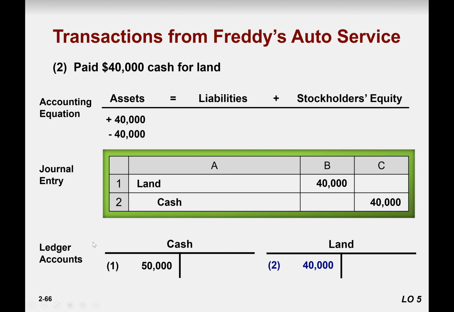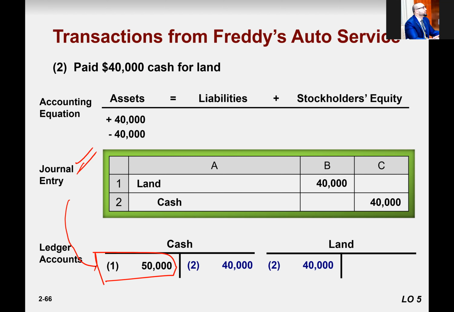You see here, right? Everyone, make sure you understand how we created this entry and how we post this entry here. So where this 50,000 is coming from our first transaction, right?